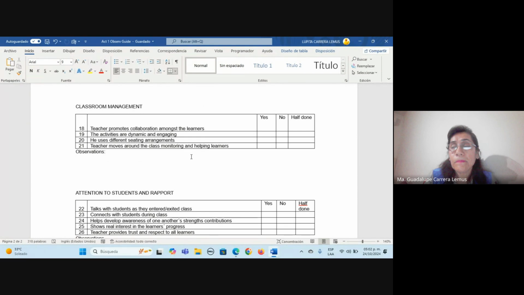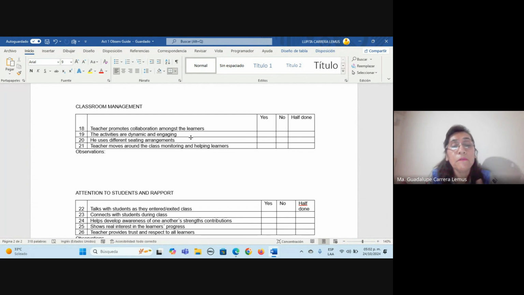the traditional setting, which is rows, or maybe in a circle or semicircle, or maybe round tables, or maybe they are going to use pairs, or trios, or groups of four, or just the whole class.